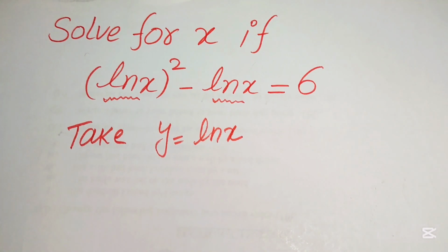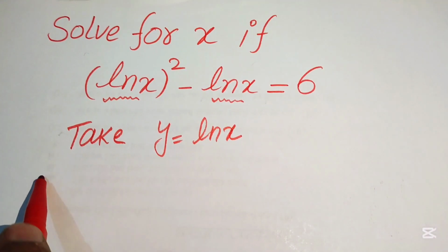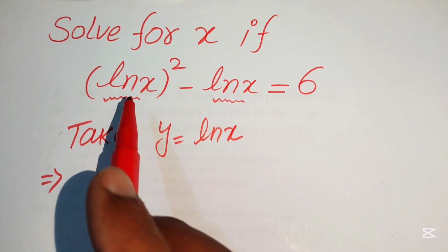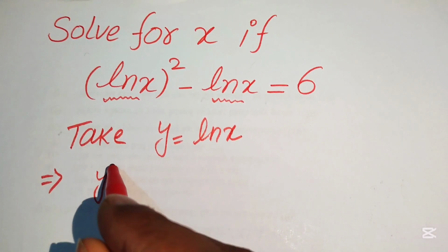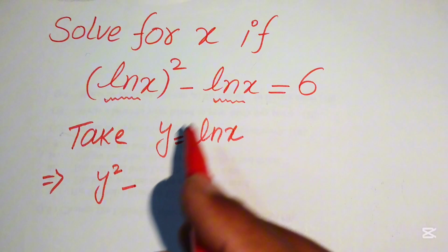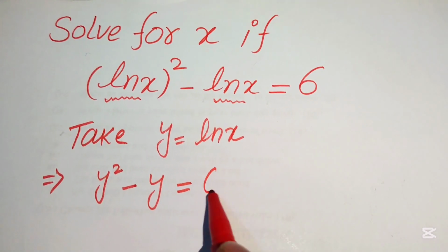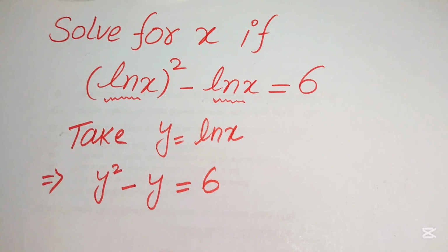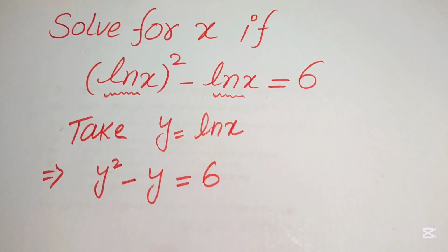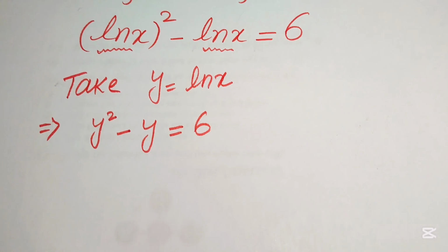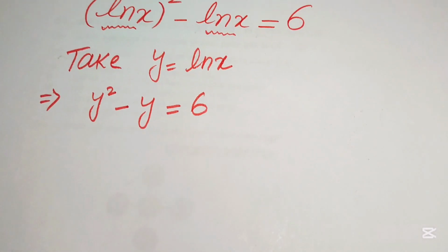When we take y equals log of x, our above equation is written as y squared minus y, and this whole equation equals 6. So this is a quadratic equation but not in the standard form. Now we need to convert this into the standard form.